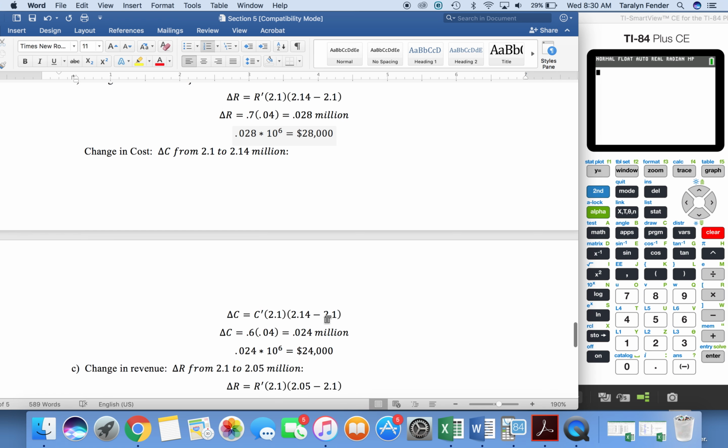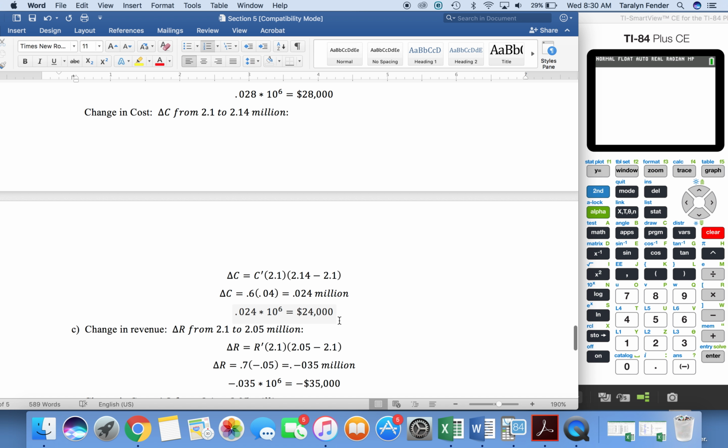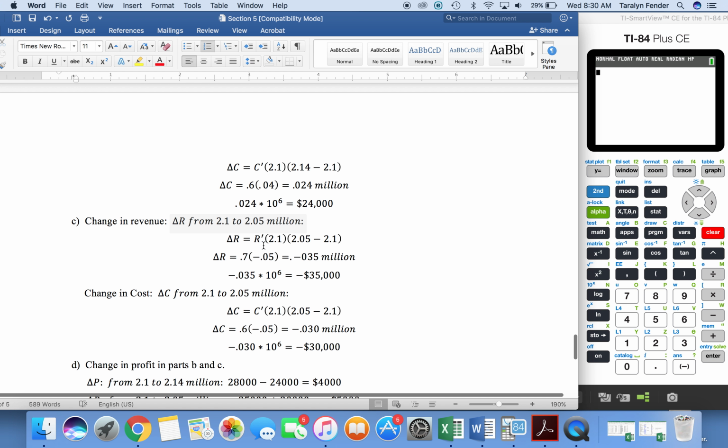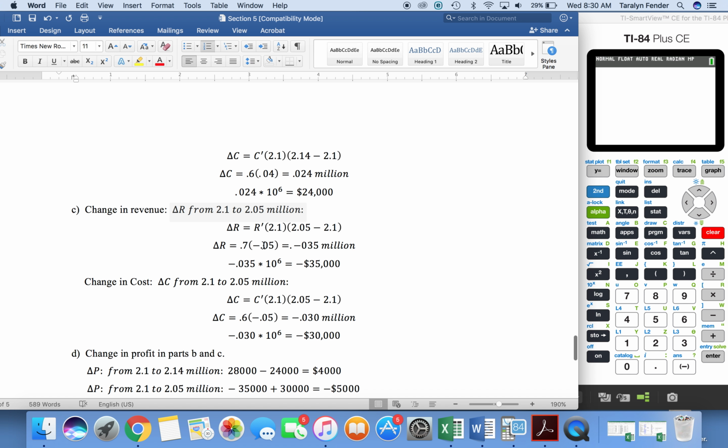And the same is true for cost. You will do exactly the same thing there. You get 0.024 million, 24,000. And then they want a change in revenue, so you do a change in revenue from 2.1 down to 2.05 million. So what does that do to our profit?